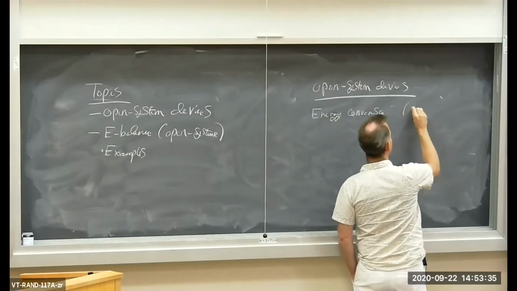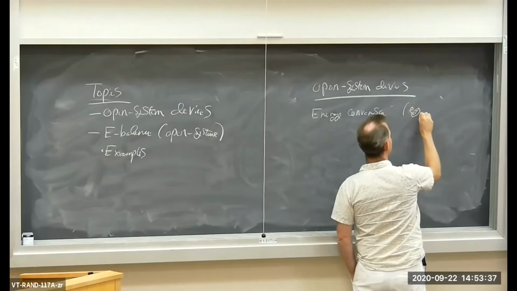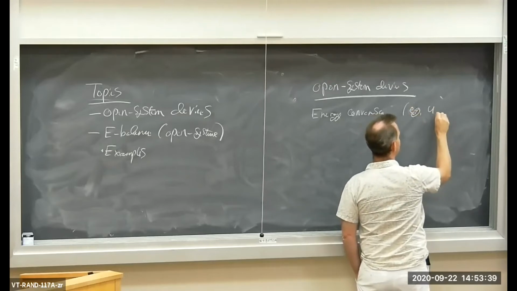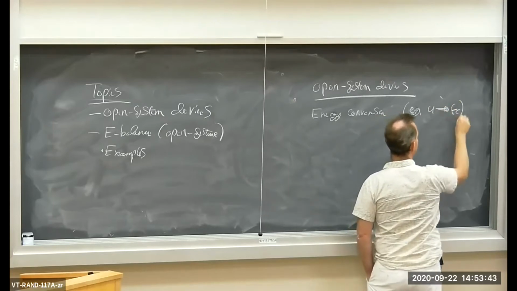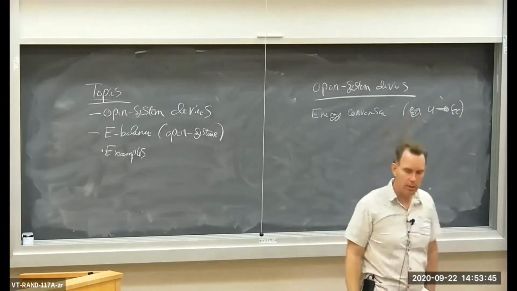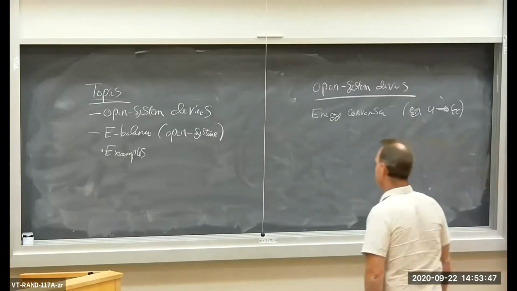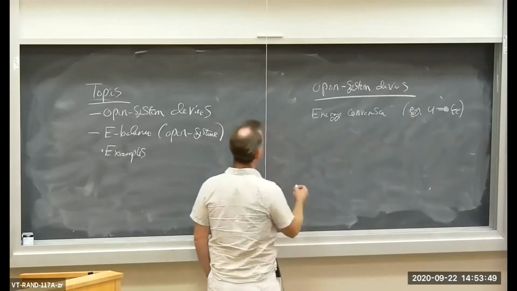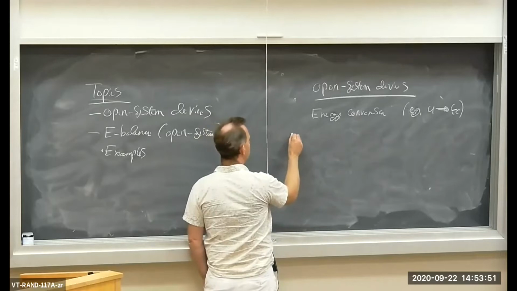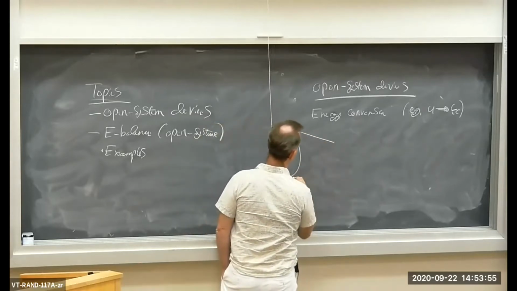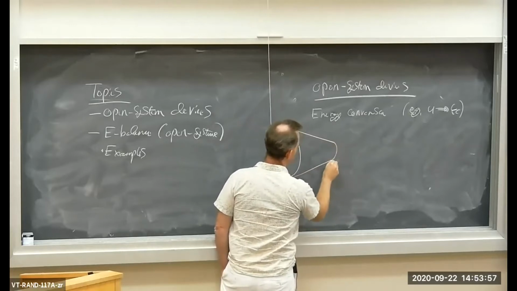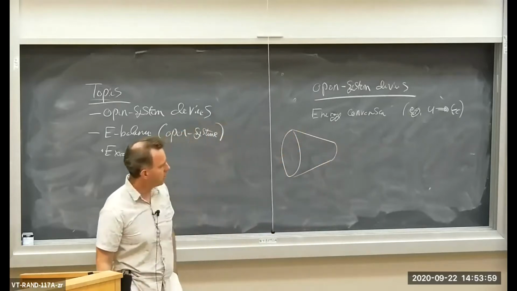So for example, devices that convert internal energy to kinetic energy or vice versa. Those are nozzles and diffusers. So here we have a nozzle. A nozzle is a device which focuses or restricts the flow in some way.